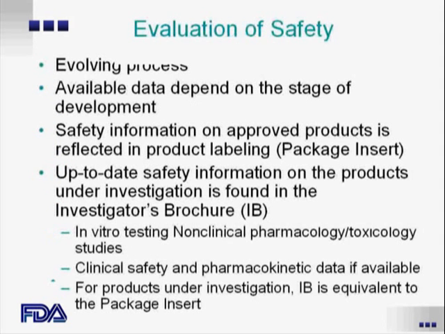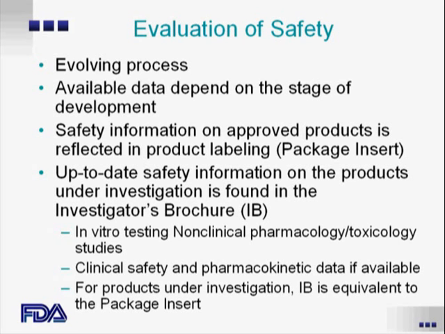So, product safety as it goes through development and after approval is an evolving process. It can span from no clinical data, just in vitro and animal studies, and it continues past approval, with collection of safety data when the product is used in millions of people on the market. The available data depends on the stage of product development.